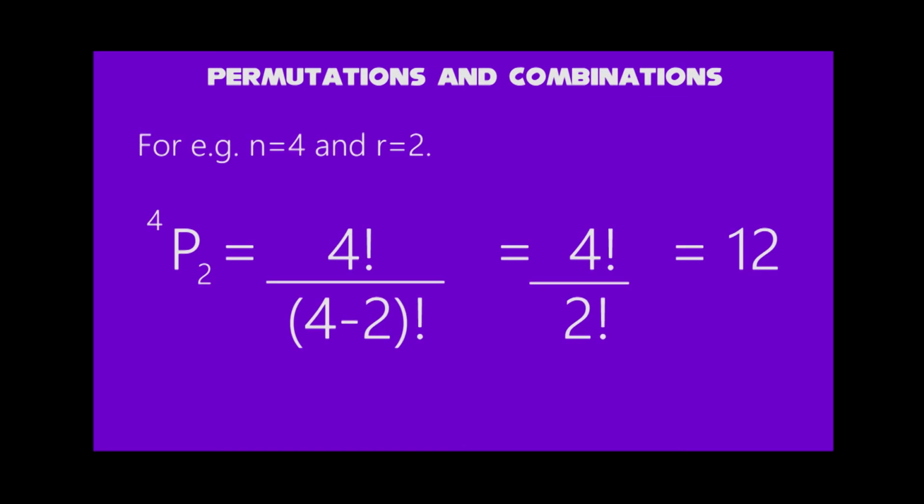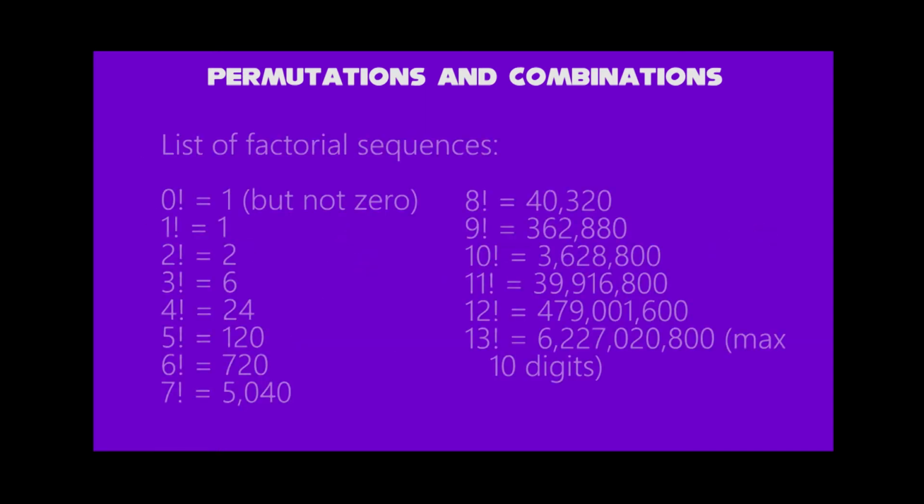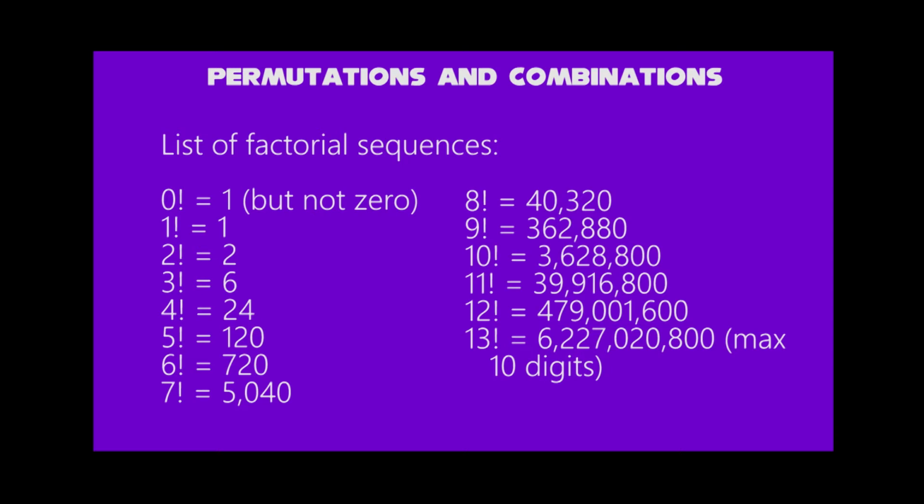We write it as 4 factorial, which is 24, divided by the entire 4 minus 2 factorial, which is 2 factorial. The answer is 12. We obtain the factorial sequence, starting from 0 as 1, 1, 2, 6, 24 and so on. Factorials cannot be negative when you solve the expression.